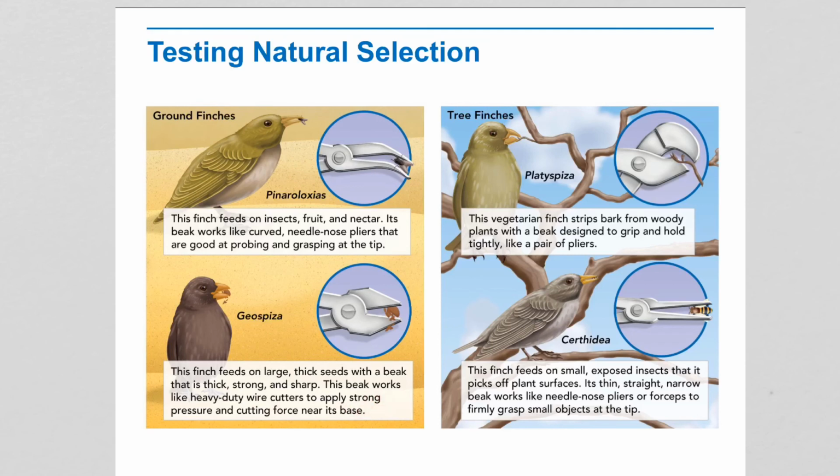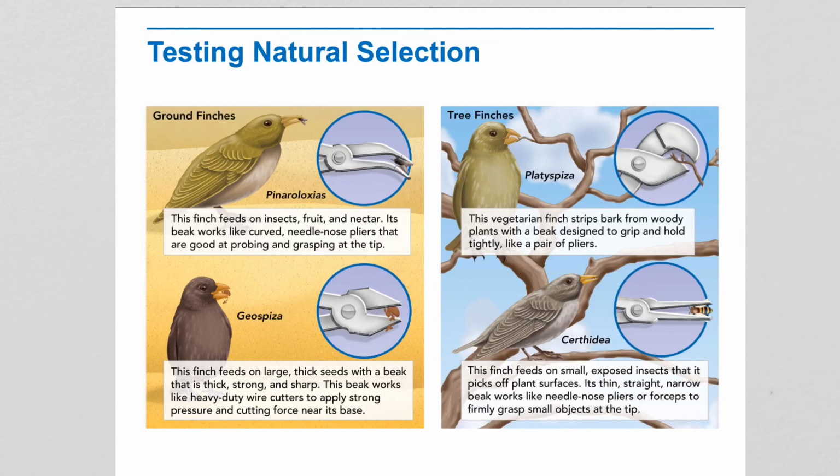It gets a strong pressure and cutting force, so you can imagine it gets thicker seeds. This tree finch is almost like a pair of pliers, used to get the bark from the plants. And this other tree finch over here is like needle-nose pliers, or forceps, to firmly grasp small objects.